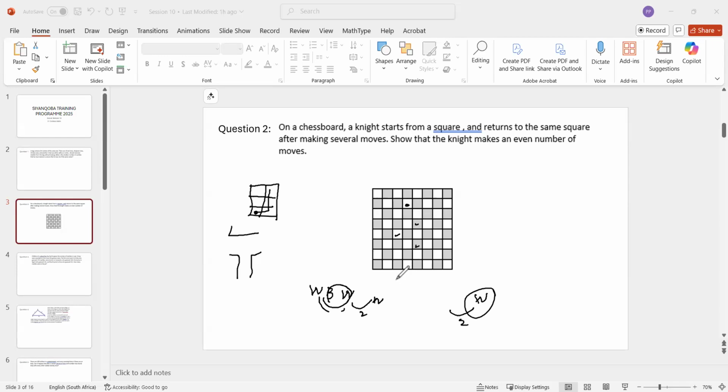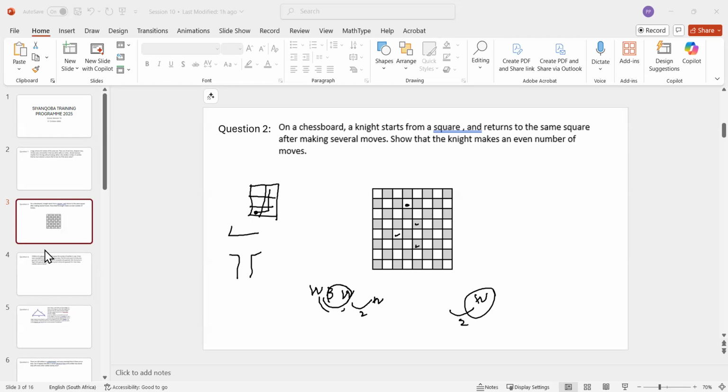It comes back to the same color after every 2 moves. And since it comes back to its original square, which is the color that it started off with, then it has to make an even number of moves because it's 2 plus 2 plus 2 several times until it comes to the last one. Okay, so that takes care of that problem.